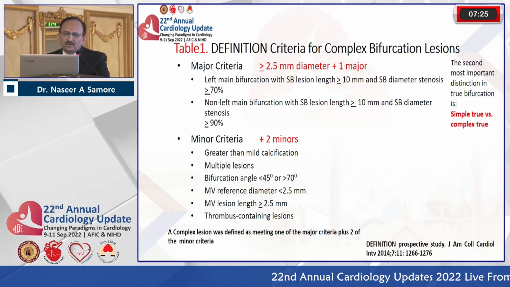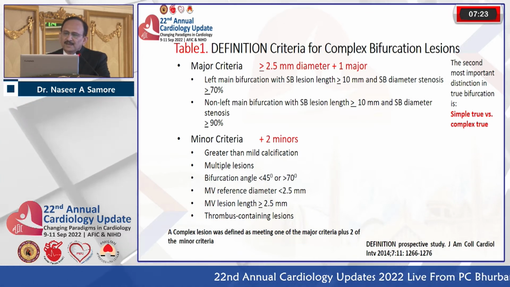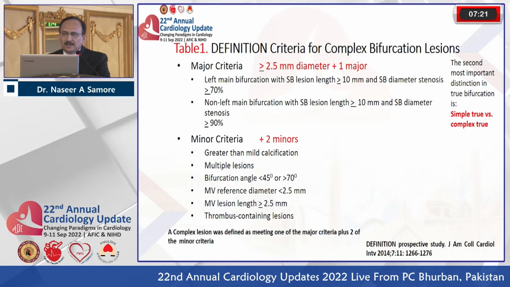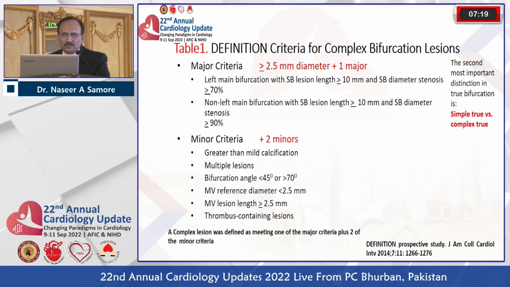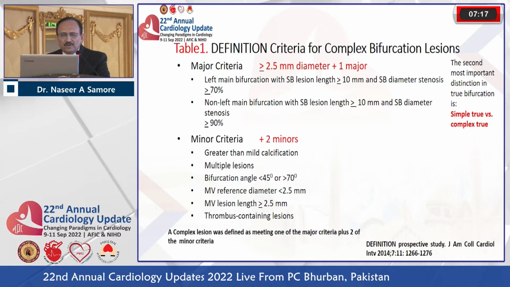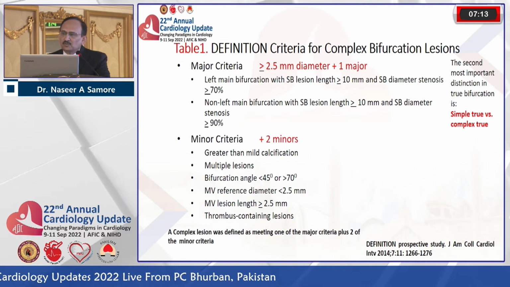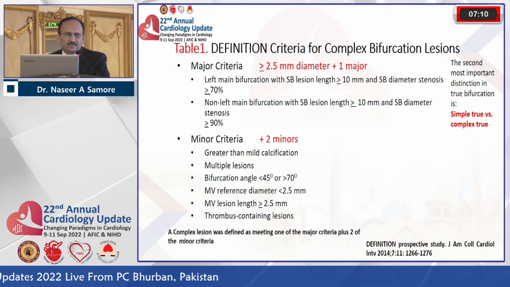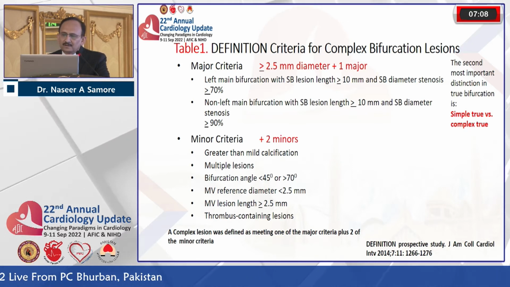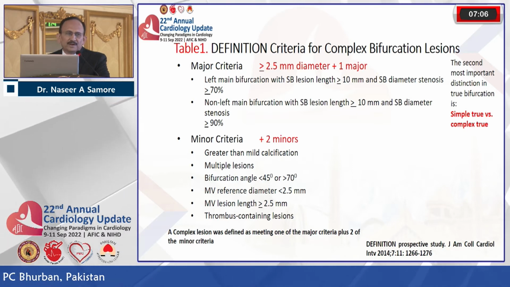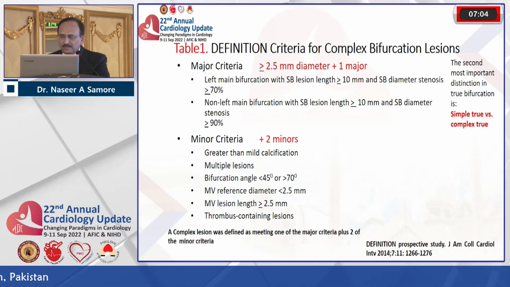The major criteria include, in non-left main bifurcation, a side branch lesion length of more than 10 millimeters and diameter stenosis of more than 70%. Whereas in left main stem bifurcation, the lesion length should be more than 10 as in the non-left main, but the stenotic degree should be more than 90% as compared to 70%.